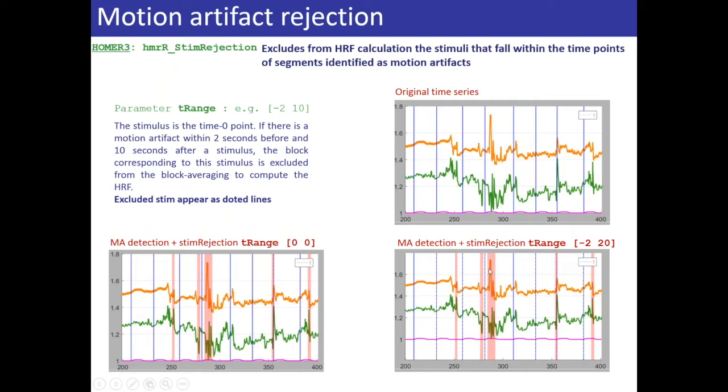And of course, we have this huge motion artifact here, and so it excluded this trial, and it's similar with the rest of the trials. So of course, how you define this parameter is, if you expect your HRF to go from 0 to 15, maybe you want to include that much in your tRange.